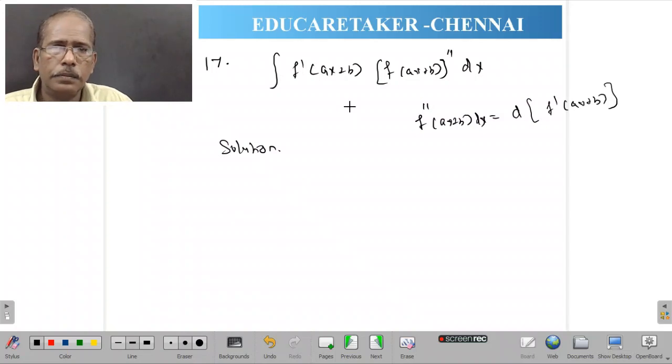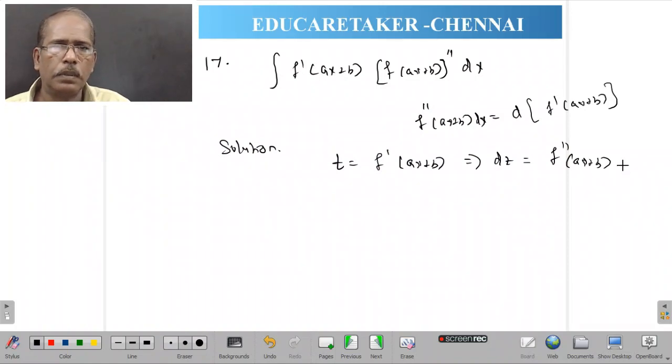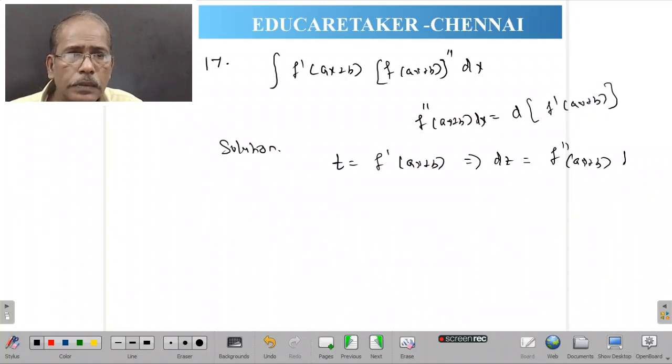Let us take t equal to f dash of ax plus b, and this implies dt will be equal to f double dash of ax plus b into dx.